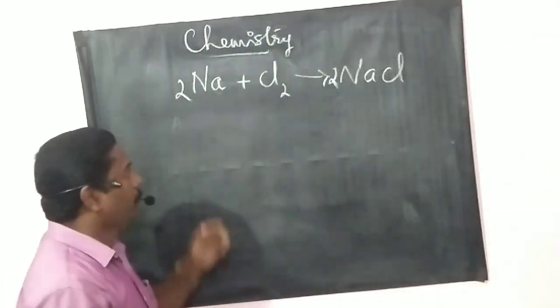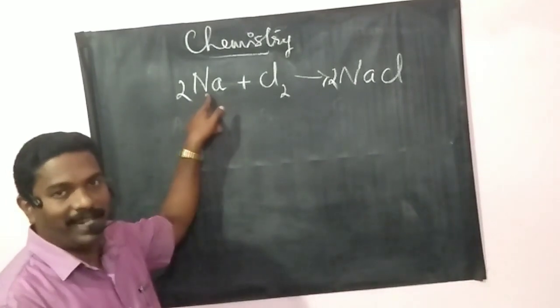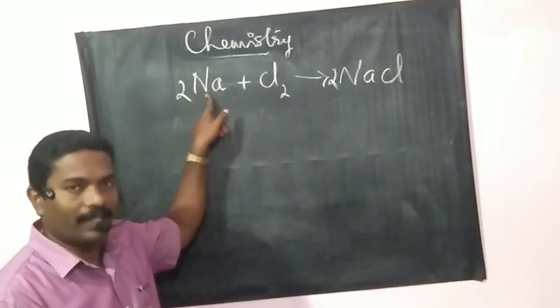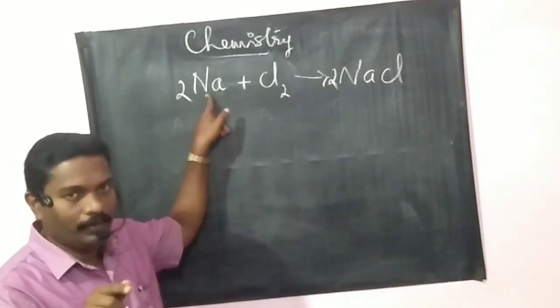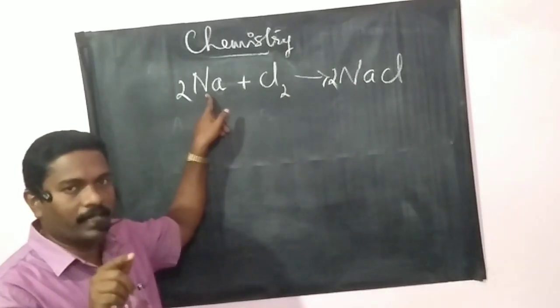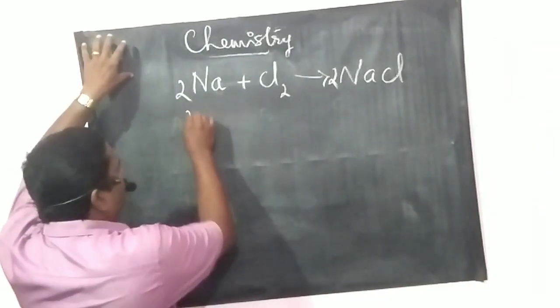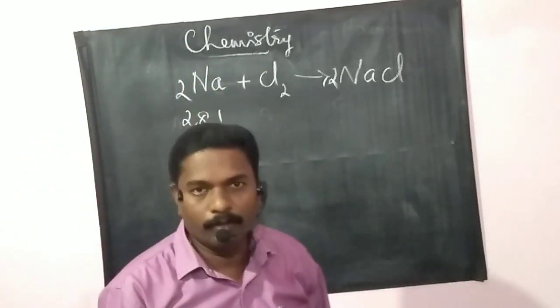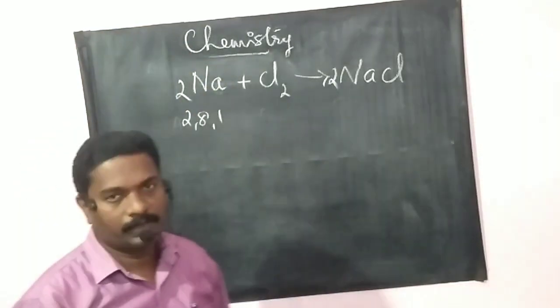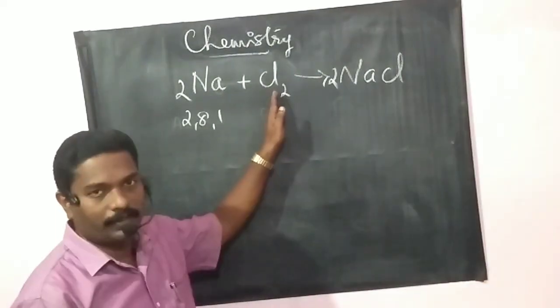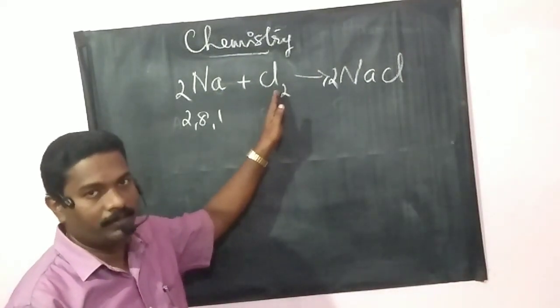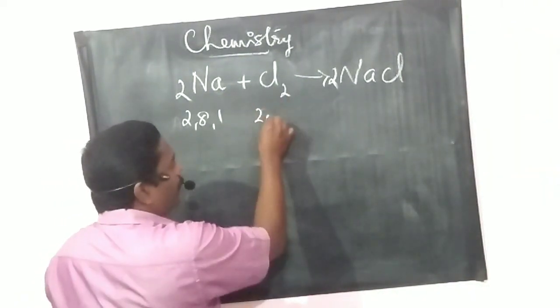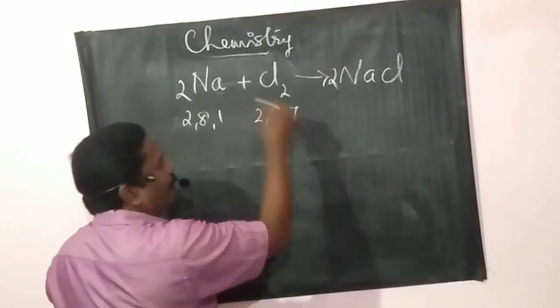As we know, sodium is an element with atomic number 11 and therefore its electronic configuration is 2, 8, 1. And that of chlorine, atomic number 17, so how can we write this configuration? 2, 8, 7.